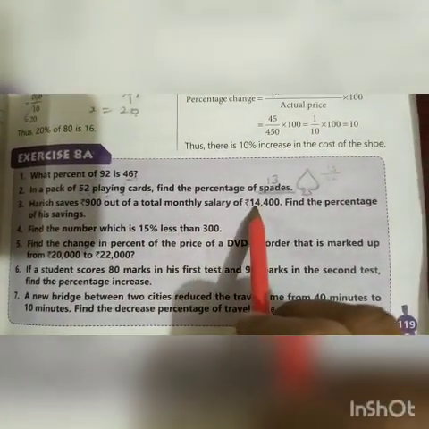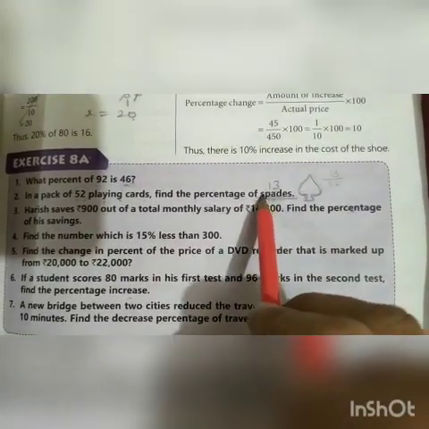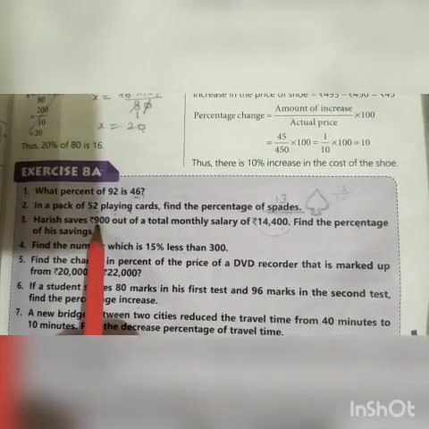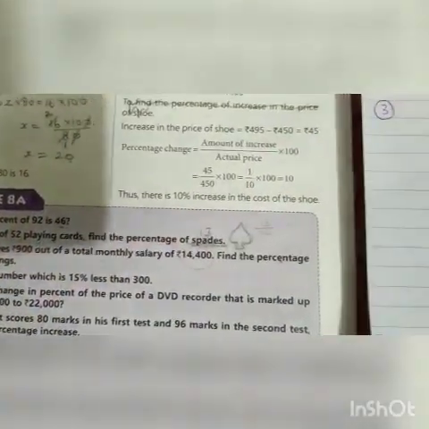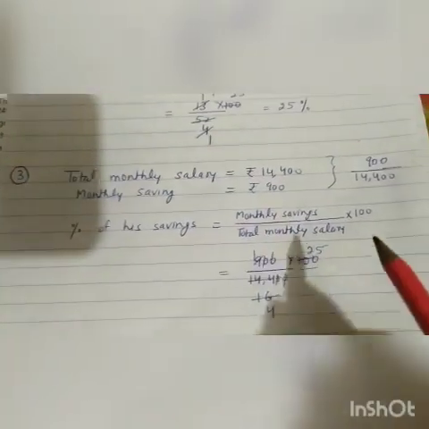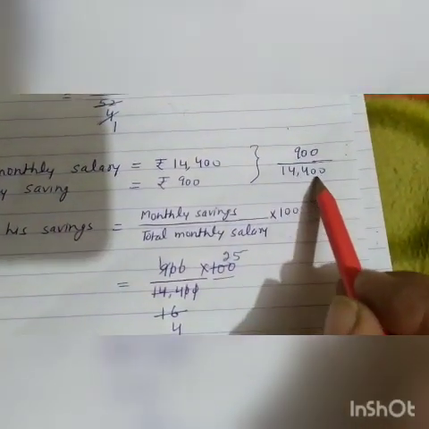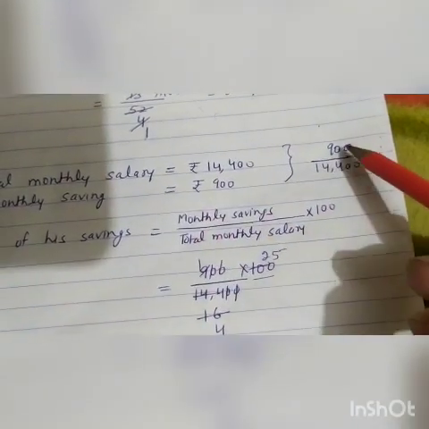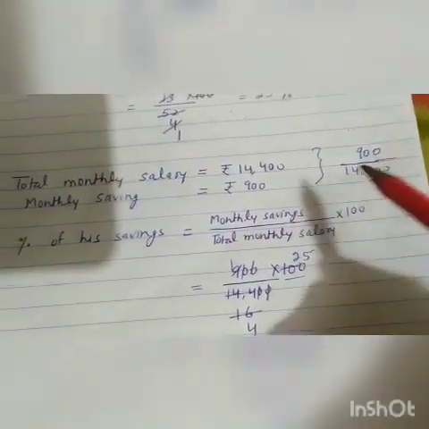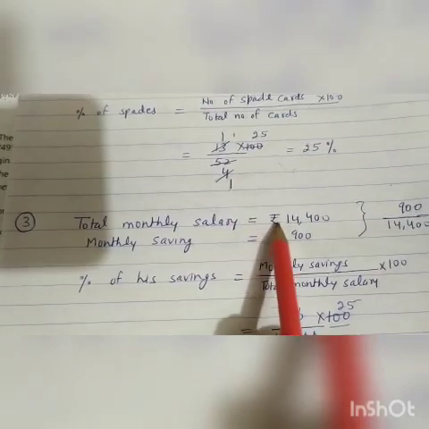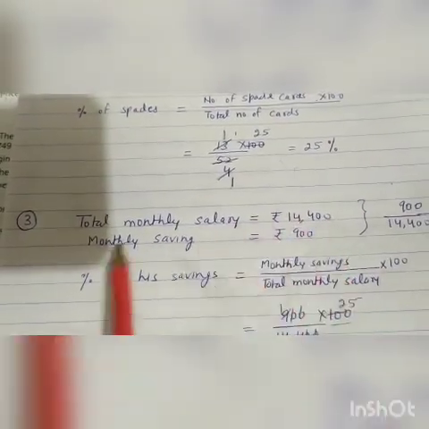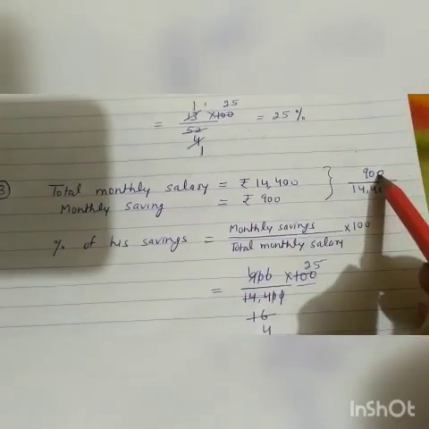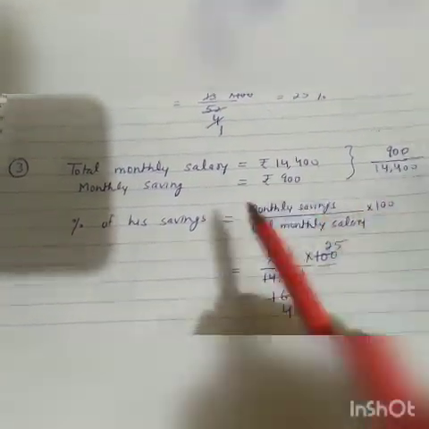The total monthly salary is 14,400, and out of this 14,400 he saves 900. So we can write it 900 upon 14,400. Total monthly salary is rupees 14,400. Monthly saving is rupees 900. So it is 900 upon 14,400.